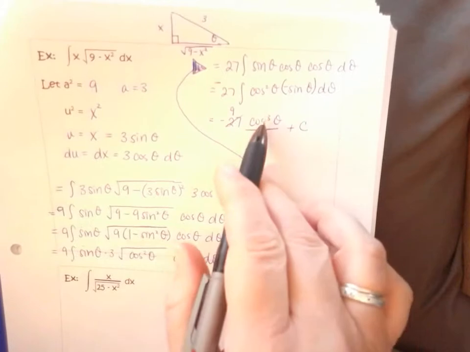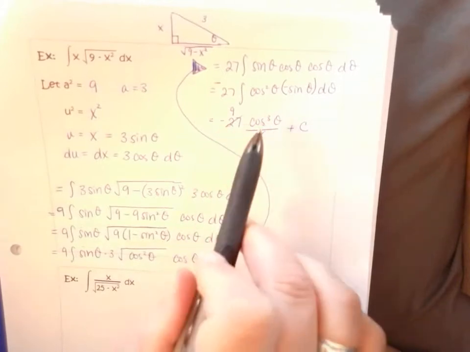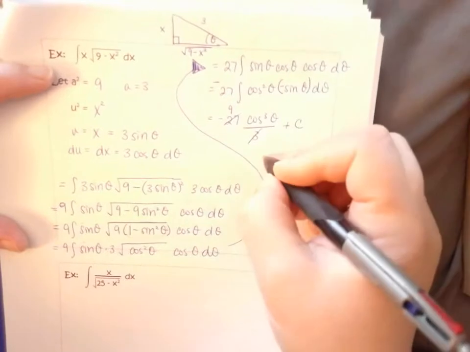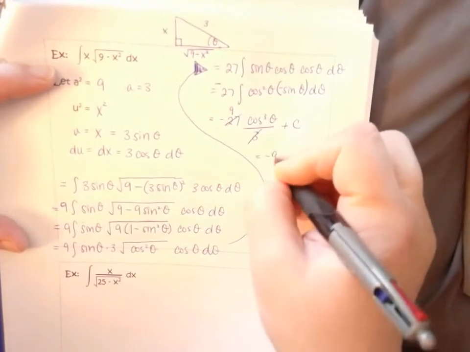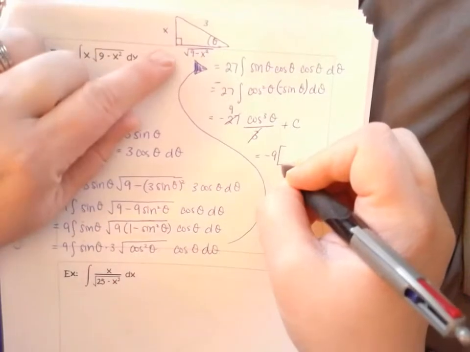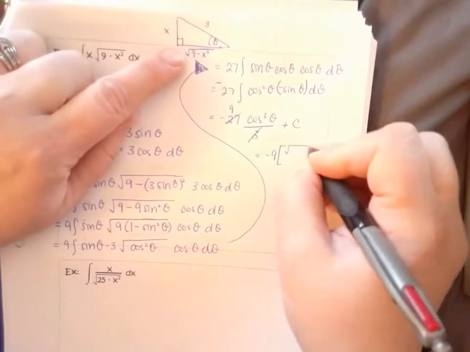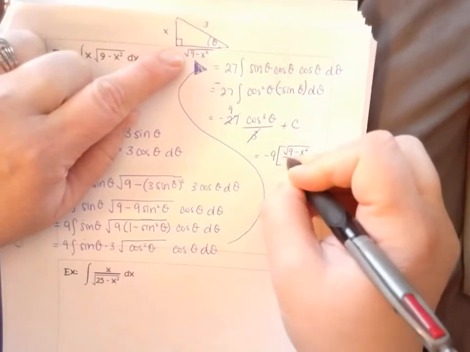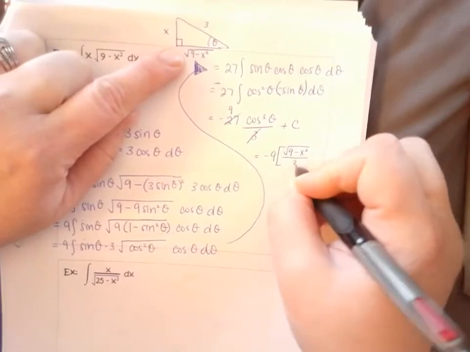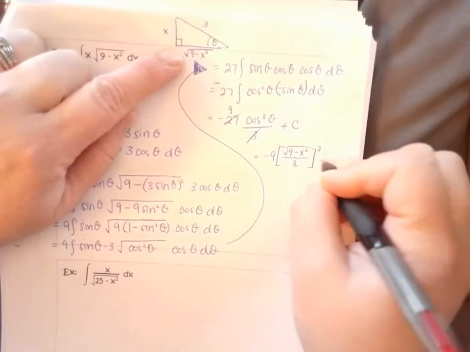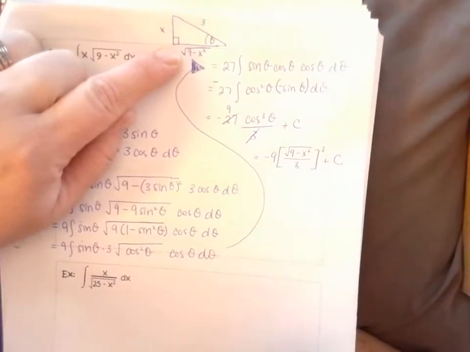So all I need to do to finish this problem is plug in what the cosine of that theta would actually be. Alright, so now I have negative 9 times the quantity square root of 9 minus x squared over 3, that's cosine, cubed, plus c.